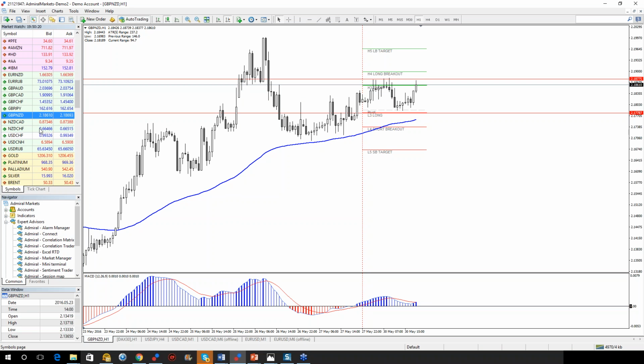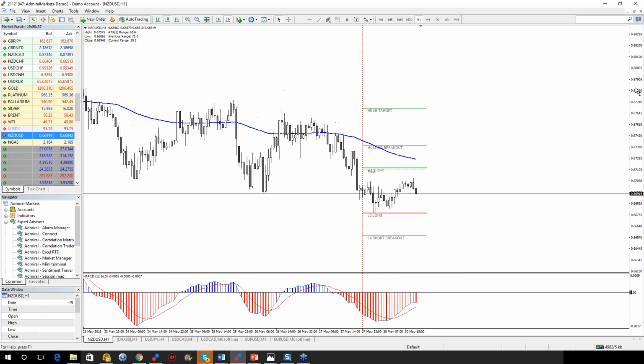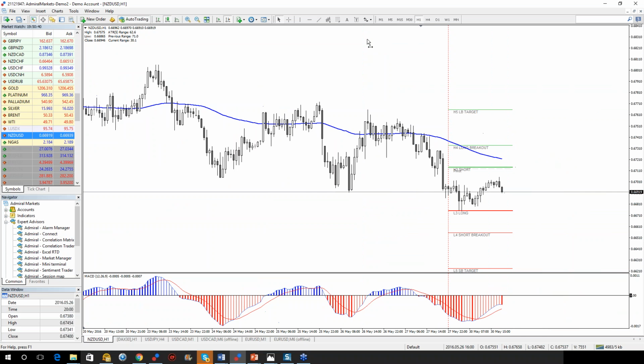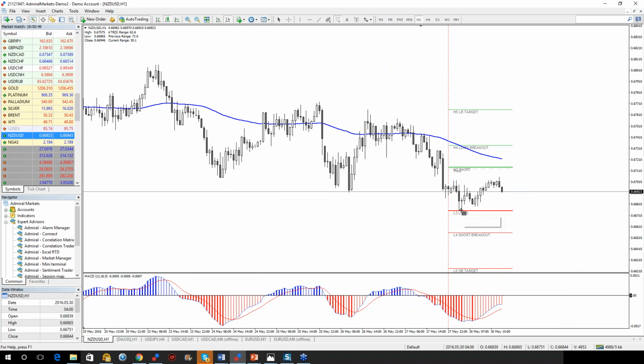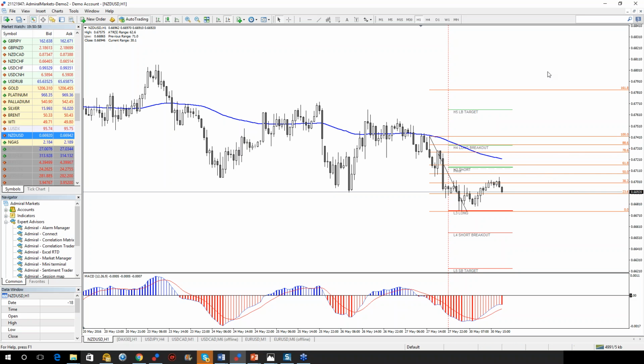New Zealand dollar, Kiwi. Okay, let's see now. It's in downtrend, but you need to wait for a dip, for a rally. You see it's a double bottom here. I don't like to see when it's very close to this double bottom.